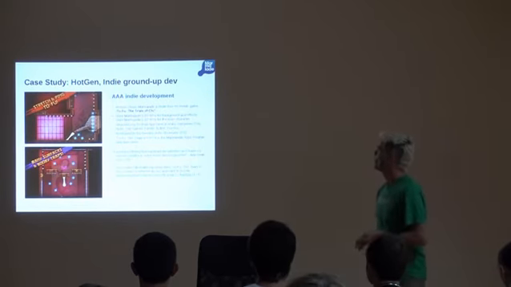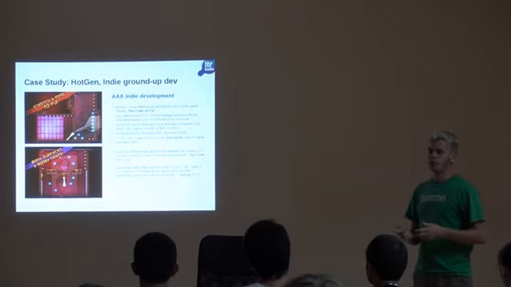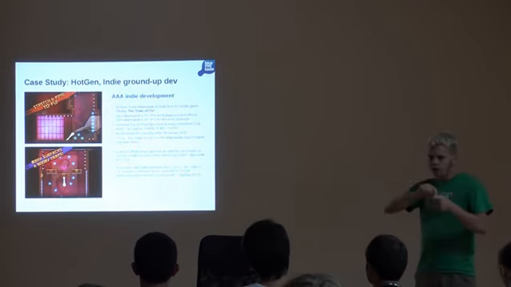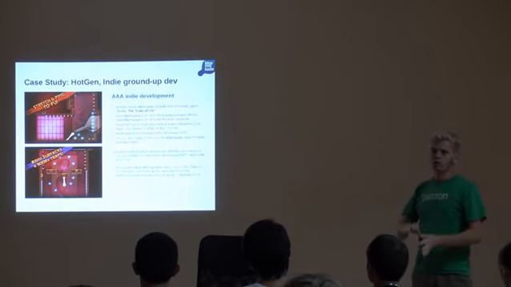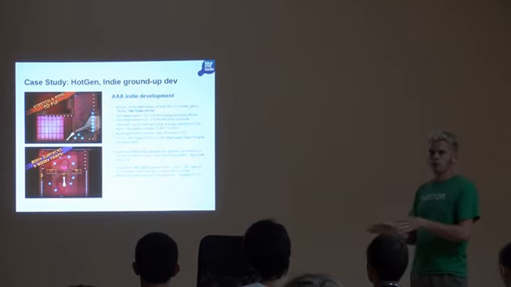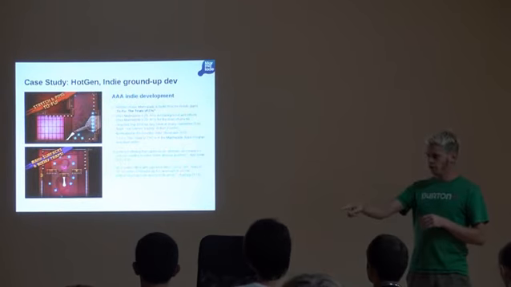This is HotGen, which is an independent game developer who made this game called Tofu, where you have this stretchy thing. It's kind of a fun 2D casual game, but it's got really good reviews on the App Store, and they wrote it originally on Marmalade, and they have it on iPhone and Android and Playbook.